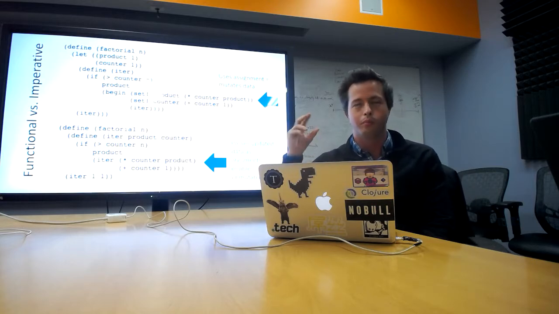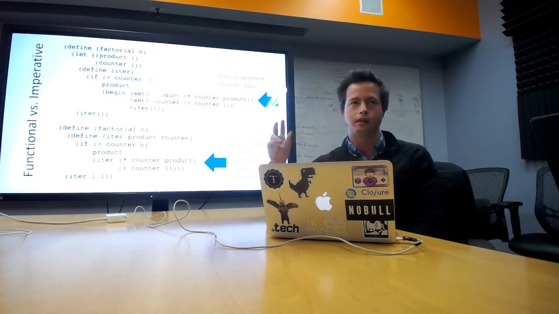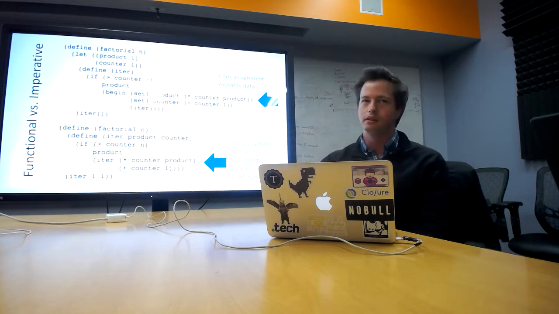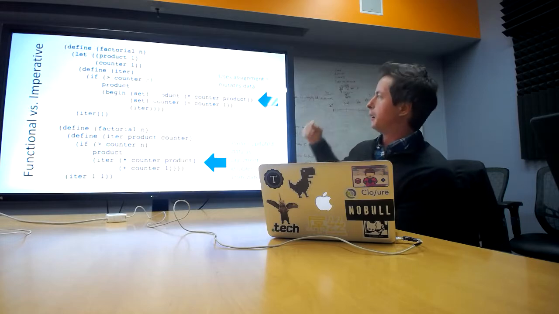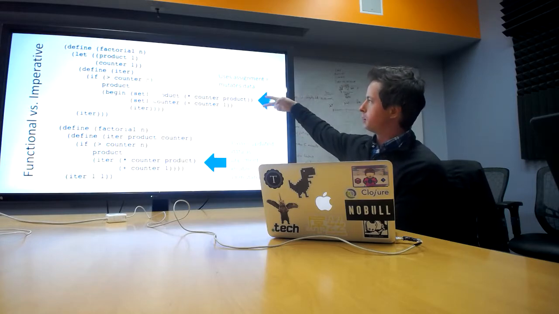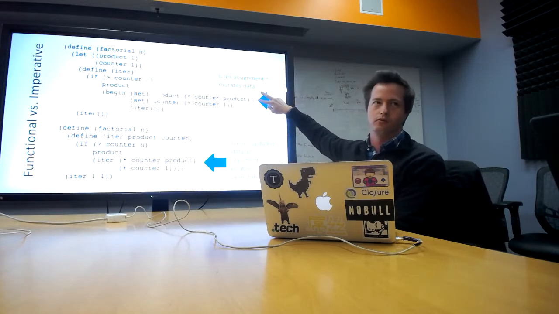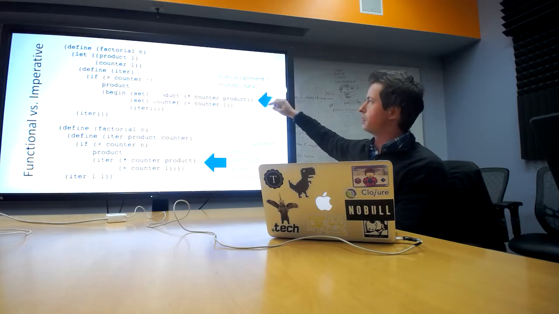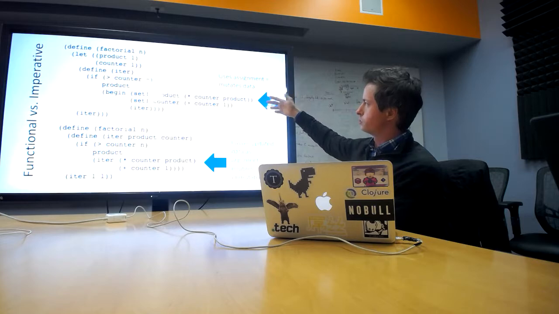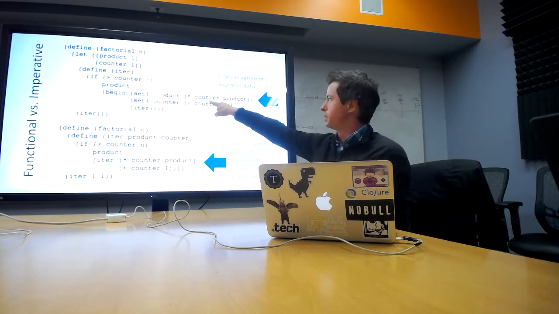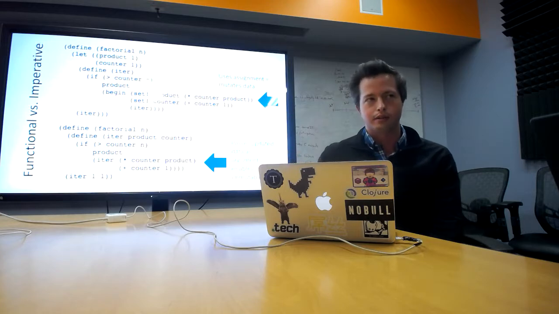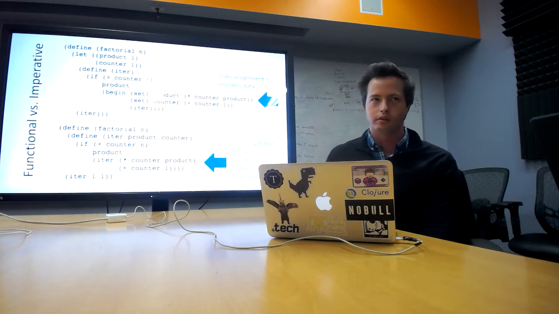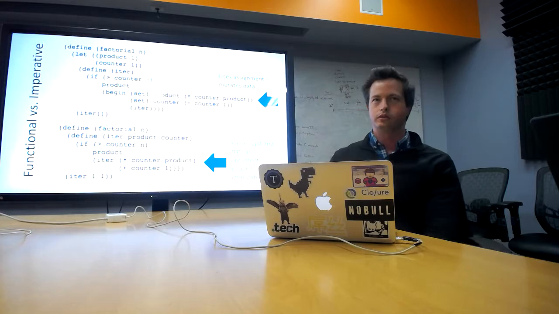Also, because it's mutating the data and updating assignment, it can lead to issues if you have concurrency or things like that happening. For example, if you switch these two lines, you'll get the wrong result because you're updating the counter prior to multiplying the counter times the product. And this is not possible or is harder to have happen if you're writing in a functional style.